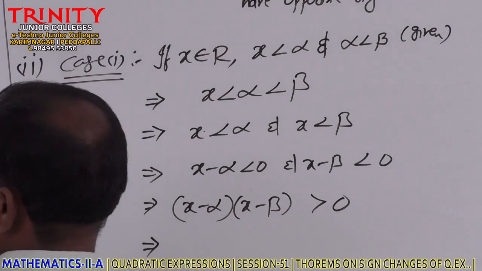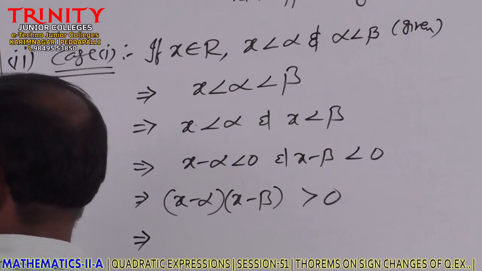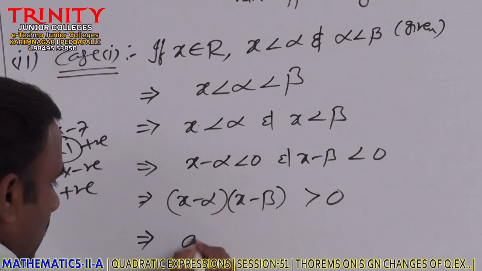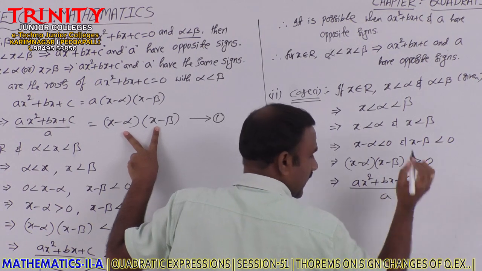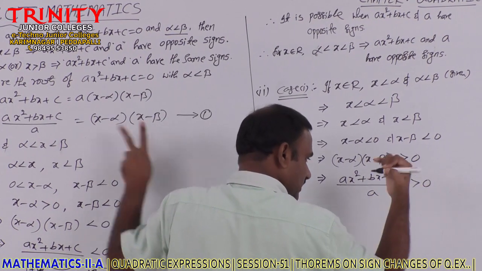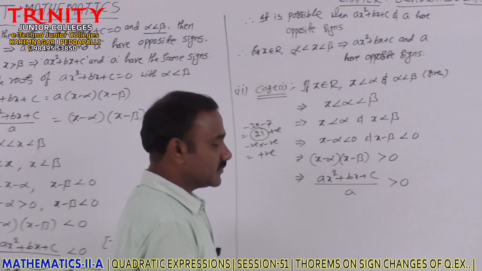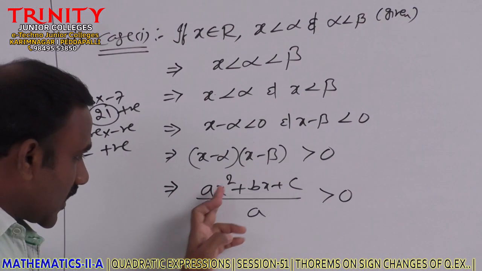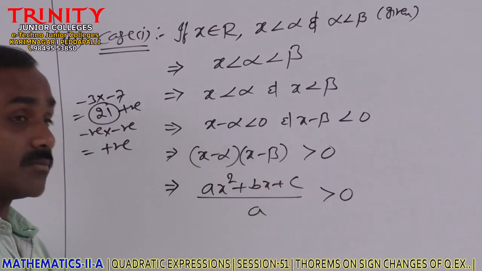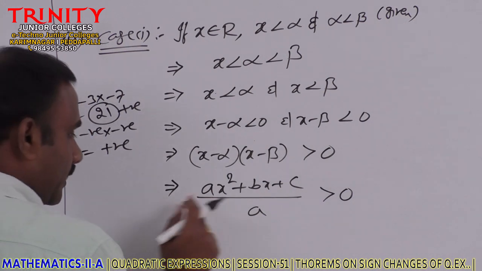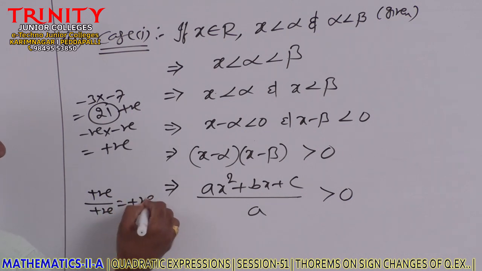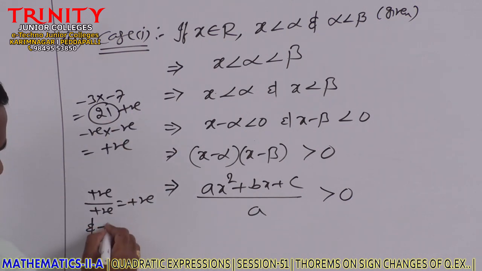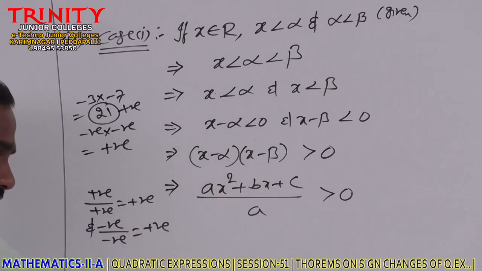From equation number 1, what we have: x minus alpha into x minus beta equals (ax square plus bx plus c) by a, which is greater than 0. When is it possible? When (ax square plus bx plus c) by a is positive, it is possible with numerator positive and denominator positive, and numerator negative and denominator also negative, again it is positive.